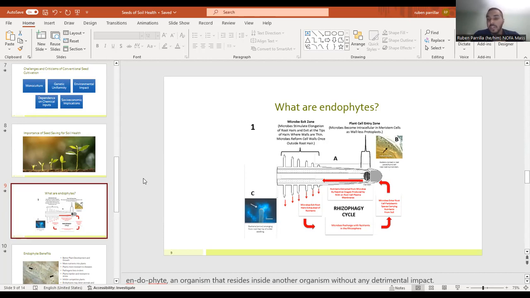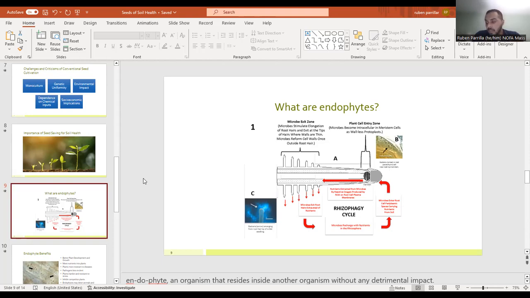The beauty of all this is that it is a cycle, and so when the plant has received what it was obtaining from that microbe, it then starts to expel it out. But before it expels the microbes out, and this is actually what causes root elongation as well, it gives it all of the necessary parts.